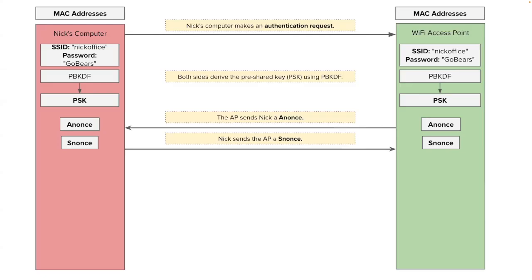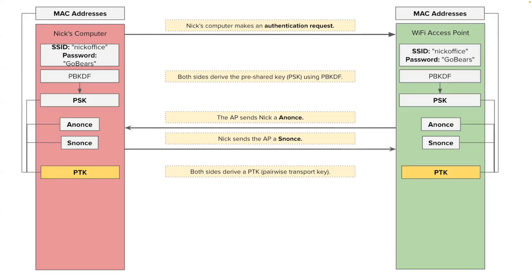After you generate the secret key, both sides also send a nonce, a different nonce, just a random value, to each other. And then both sides derive a pairwise transport key that's specific to this session.